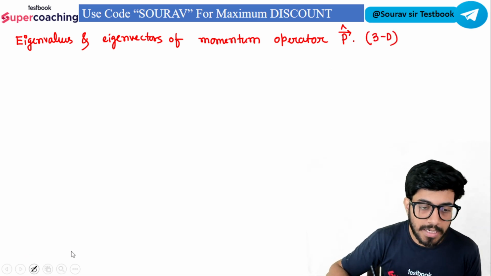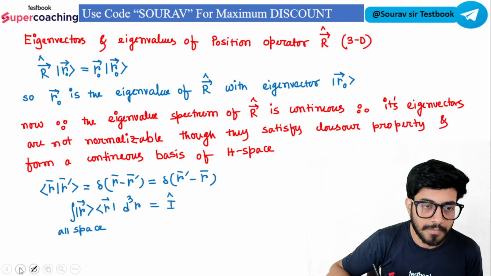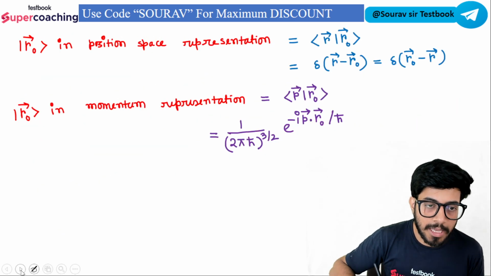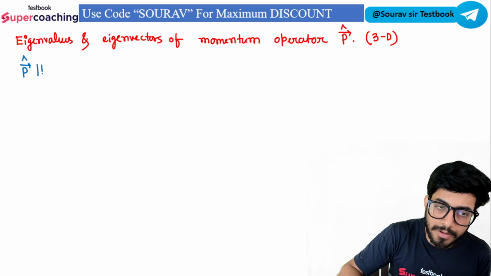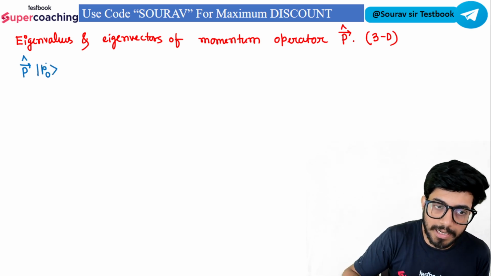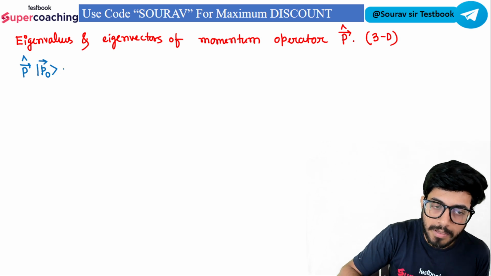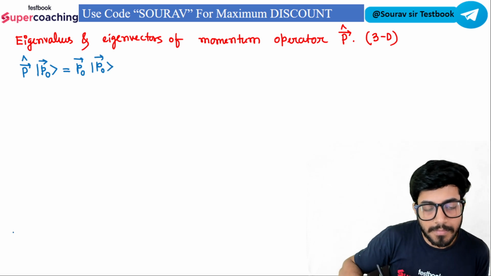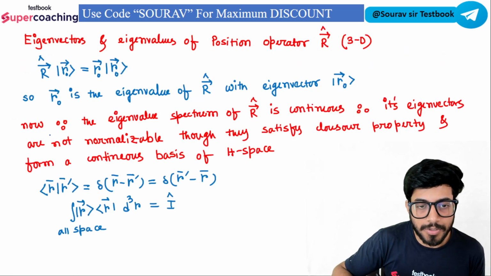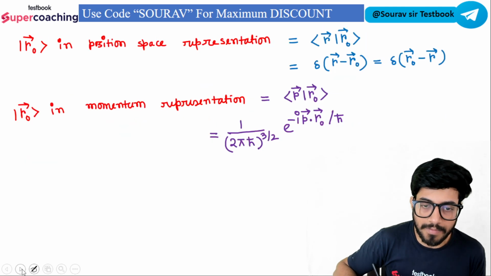So just write it down in this way. P vector operator should operate on state P naught having momentum P naught, should give you P naught, state should be P. Right. So P naught is the eigenvalue of P with eigenvector P naught.